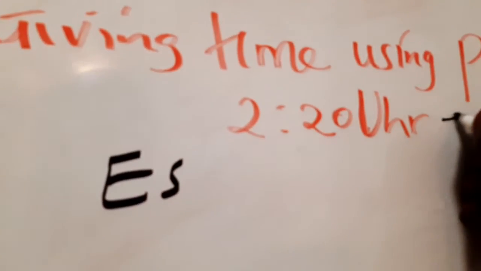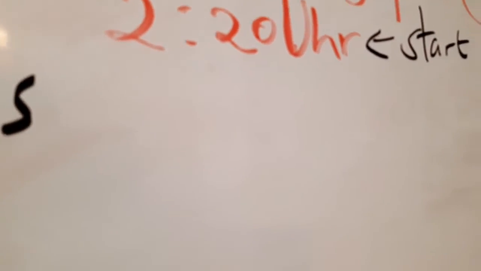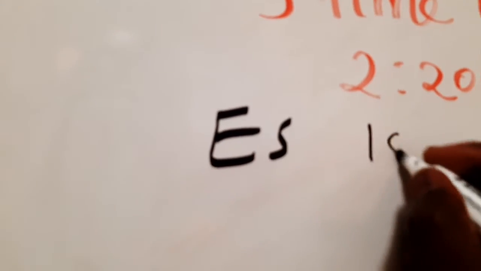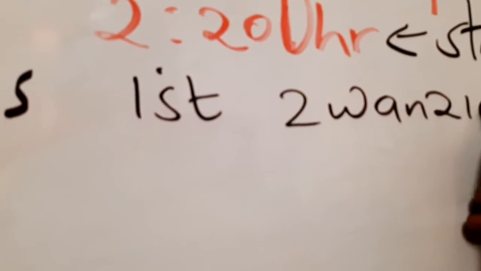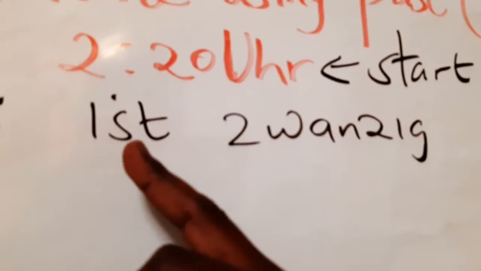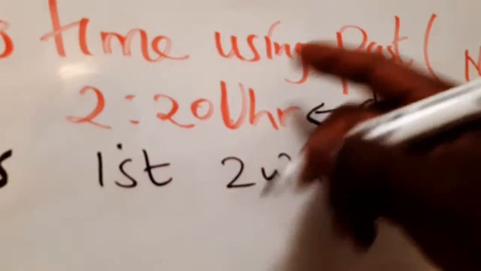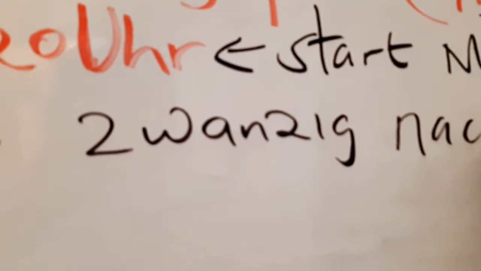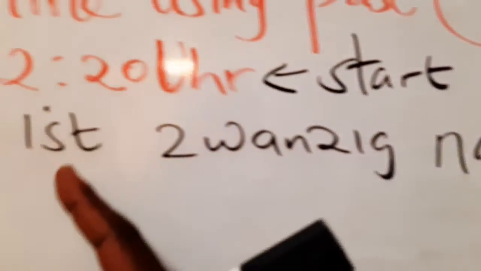Remember, here you'll have to start with the minutes. So it will be es ist 20. As it's 20, then you have to use nach because you mean past. So es ist 20 nach 2. That is, it's 20 minutes past 2.